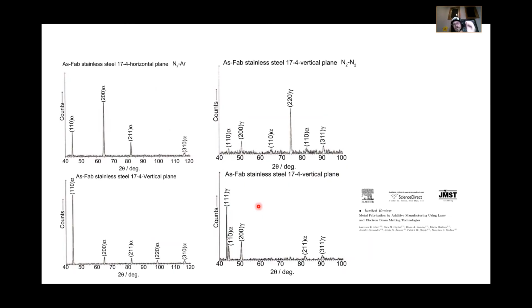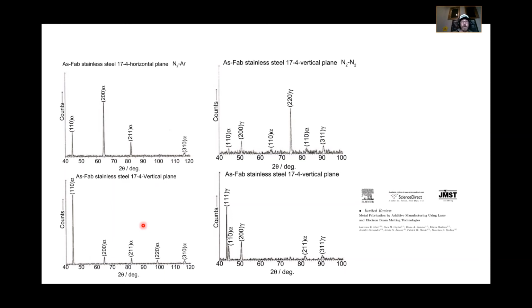If you look at this paper, and I've posted this paper a long time ago, the metal fabrication additive manufacturing using laser and electron beam melting technologies by Murr, you can see that they looked at a vertical plane and a horizontal plane, and they used two different planes. We've seen analogies to this talking about metallography, so you can make the metallography cube, and you can see longitudinal, transverse, that kind of thing.